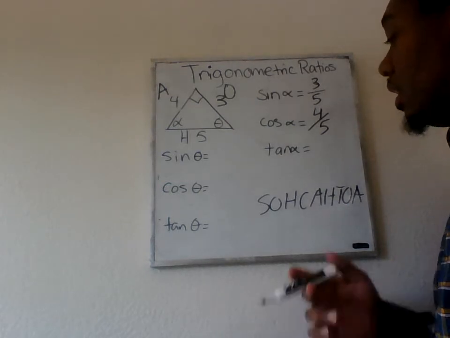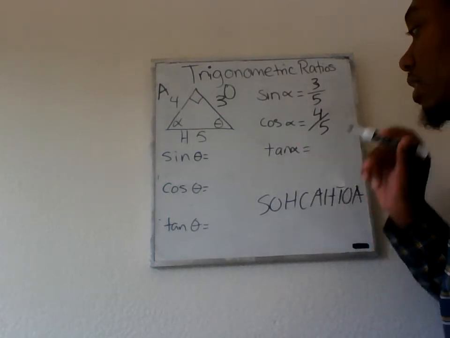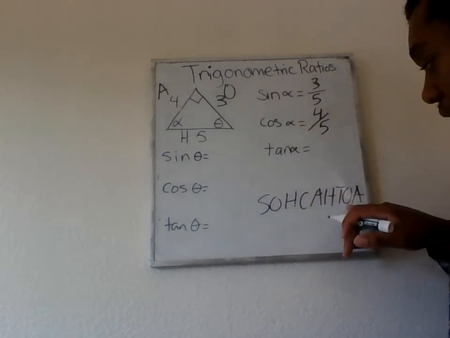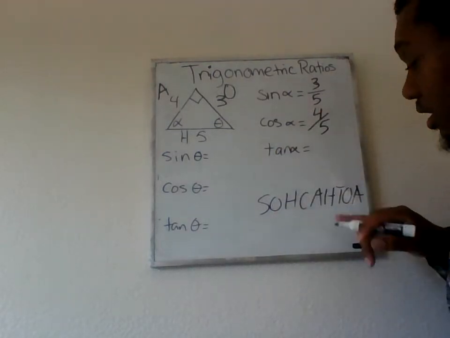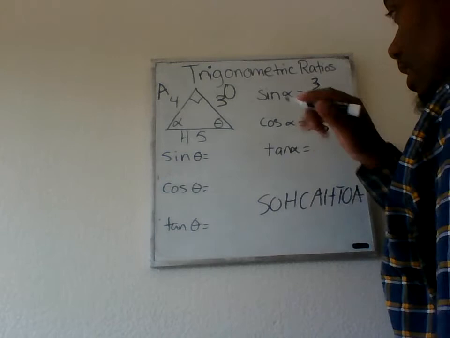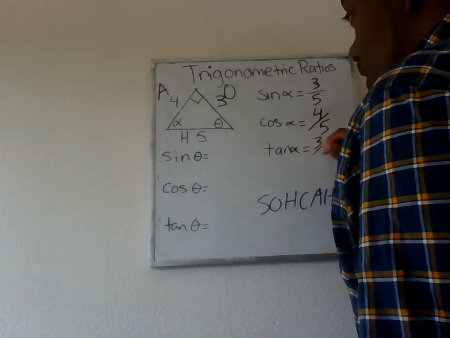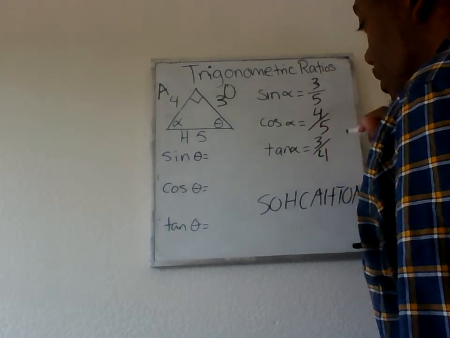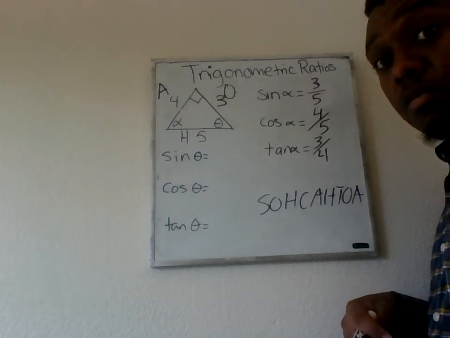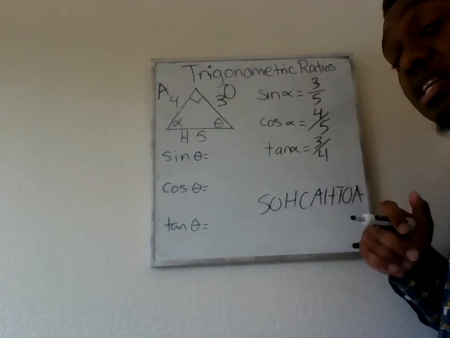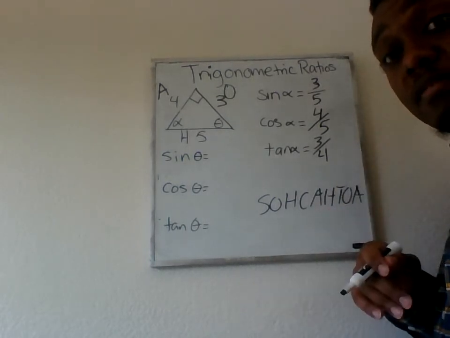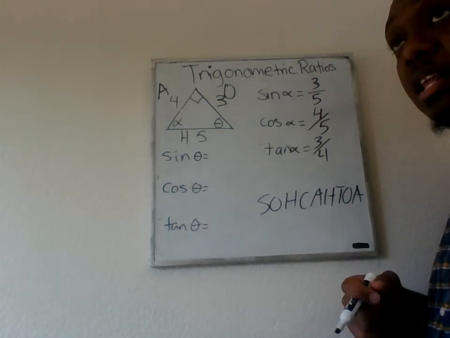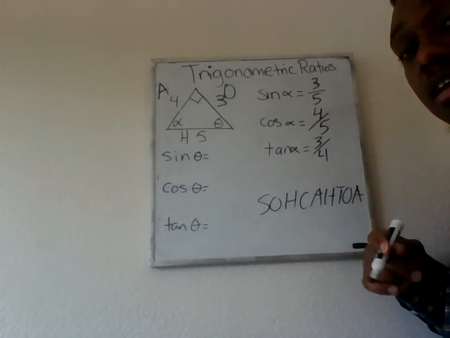Tangent of alpha would give us the opposite divided by the adjacent side. The opposite side is 3, and the adjacent side is 4. So tangent would be 3/4 or 0.75. That's what we would get for the tangent function if we put in alpha.